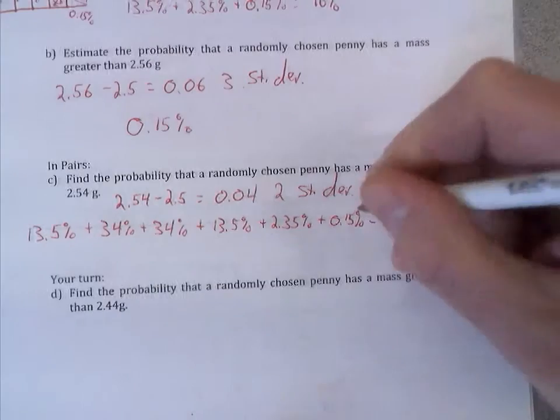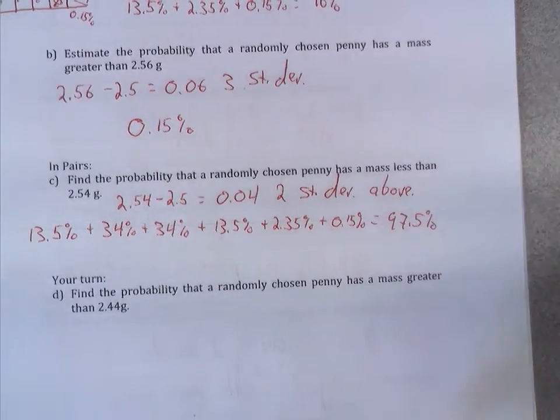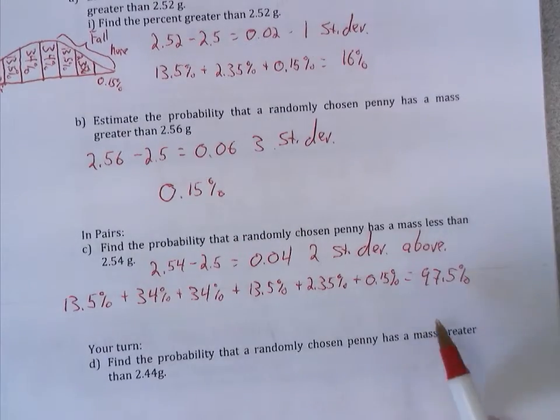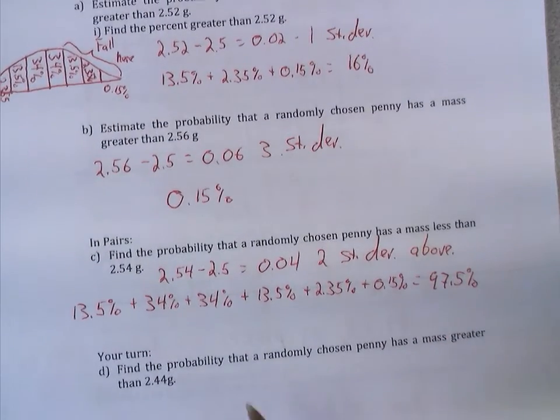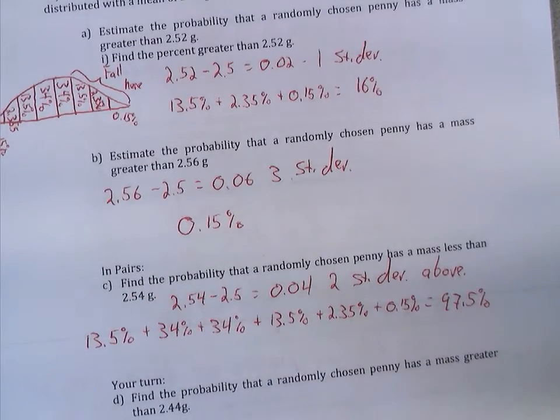And what we get is 97.5%. So 97.5% of all the pennies that you find are going to have a mass less than 2.54.